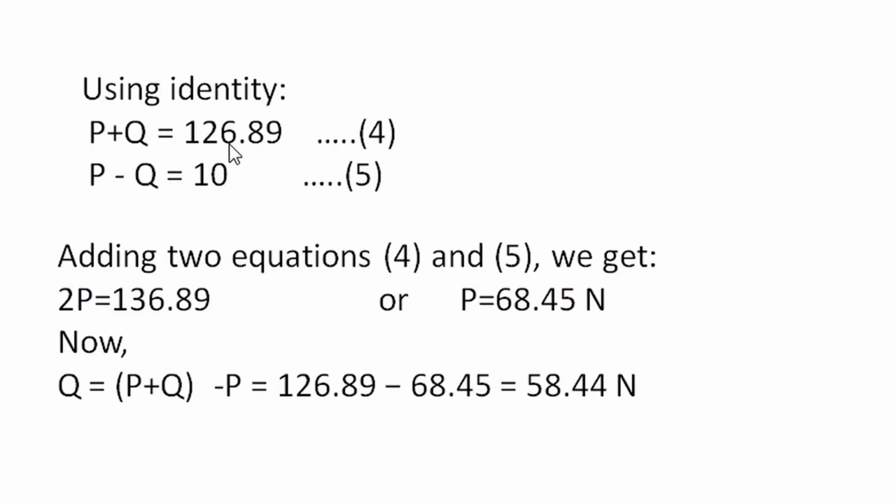When we add the two, q gets cancelled out and 2p becomes 136.89, and to find p, when we divide this by 2, it comes as 68.45 Newton, and from the sum of p and q, when we subtract p, we get q as 58.44 Newton.